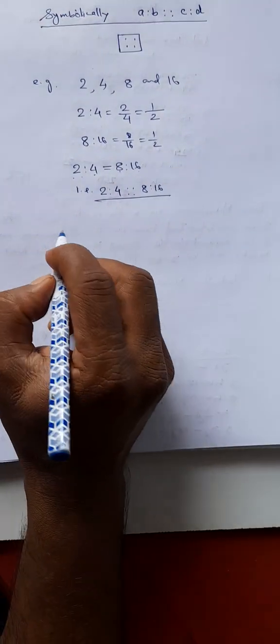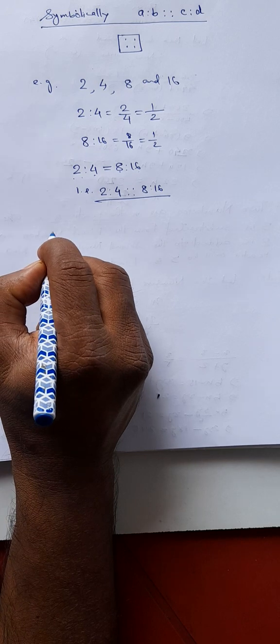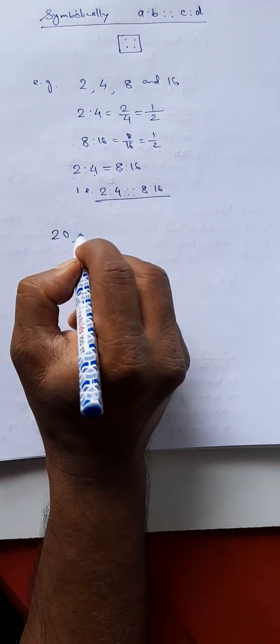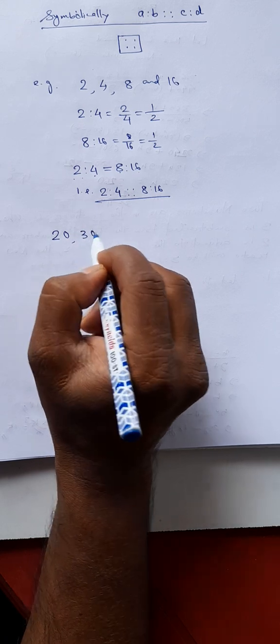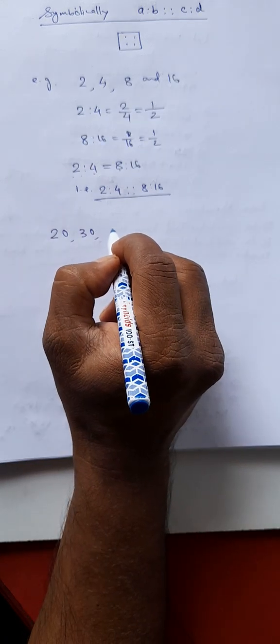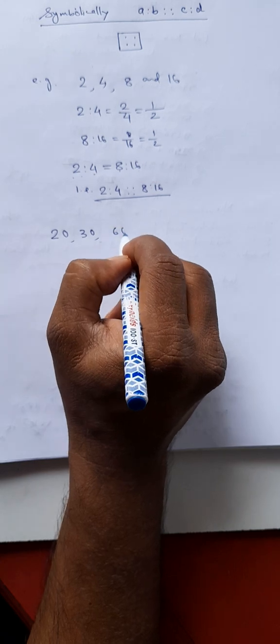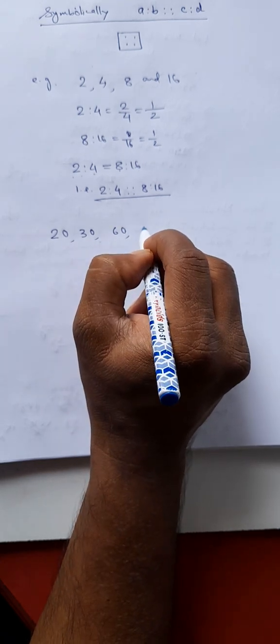Take another example. Suppose 20, 30, 60 and 90.